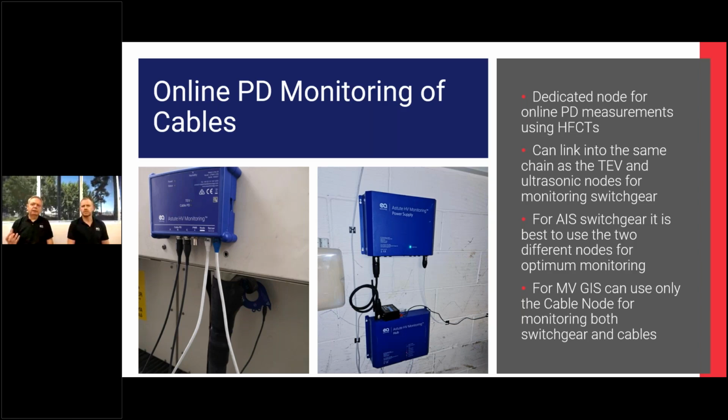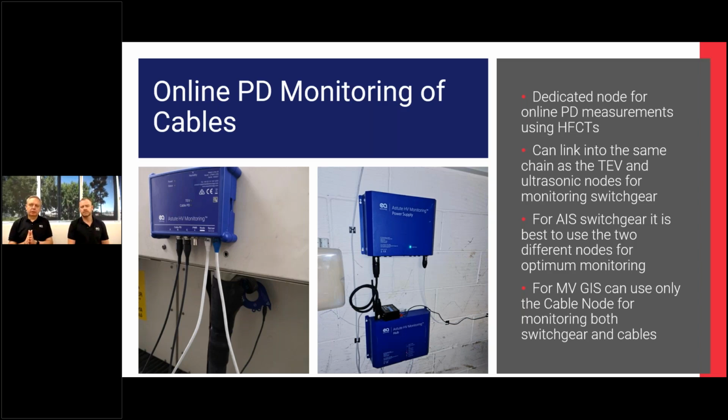If you're monitoring medium voltage GIS type switchgear, say 33 kV GIS switchgear, you can just use that one HFCT sensor for monitoring up towards the switchgear and also down the cable. The trick with doing that is selecting the optimum frequencies and filtering.